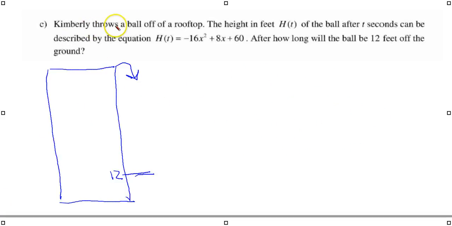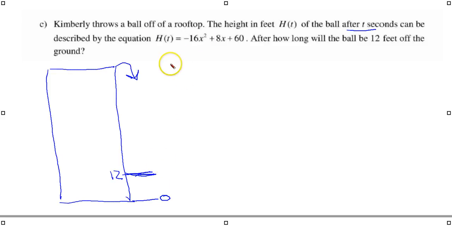Okay, Kim throws the ball off a rooftop, and we're wondering how much time in seconds where that ball will be 12 feet from the ground. Now, if we wanted to see how long it would take to reach the ground, that would be 0, but we want it to be at 12 feet before it reaches the ground.